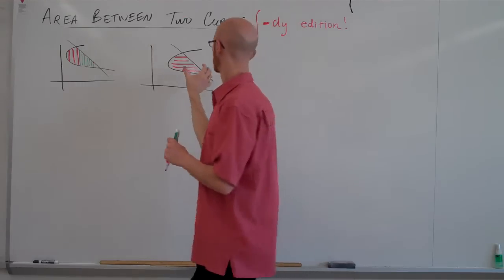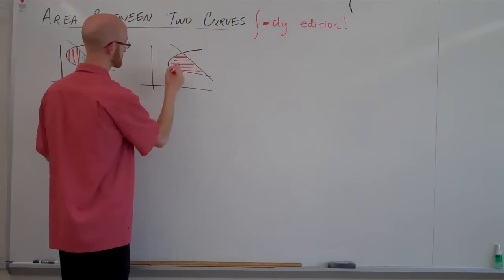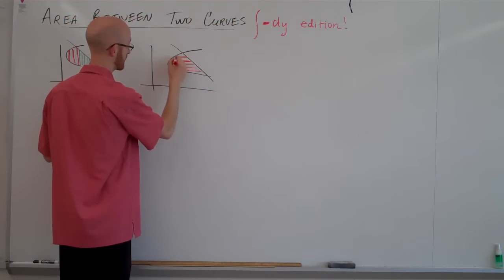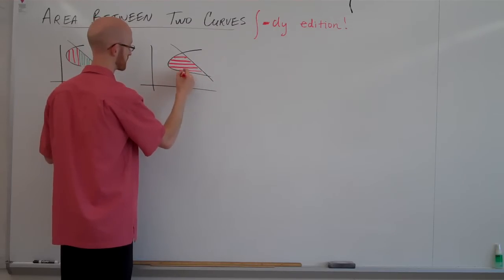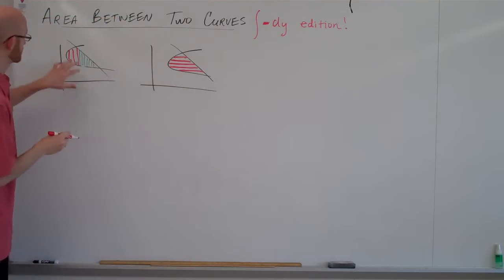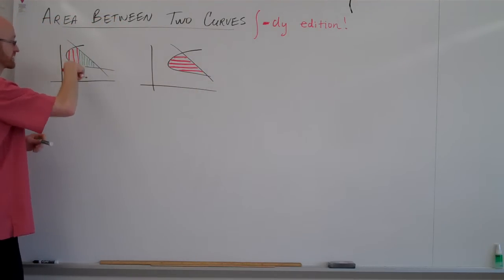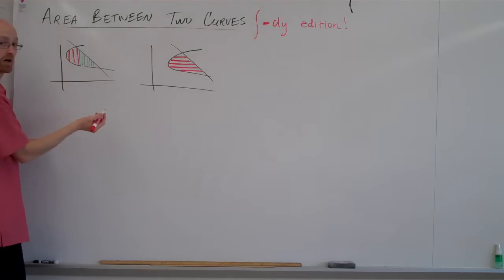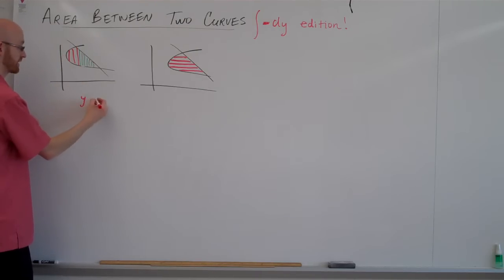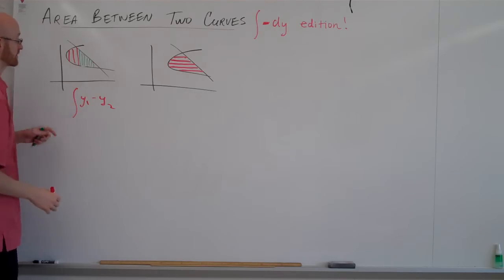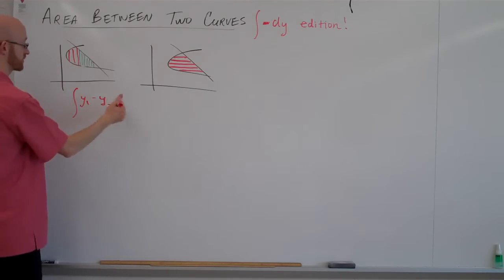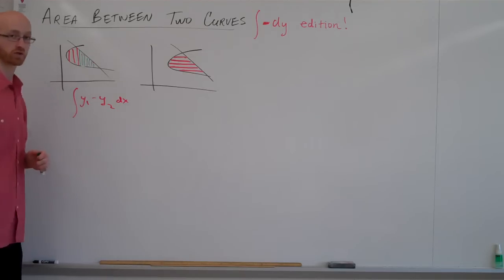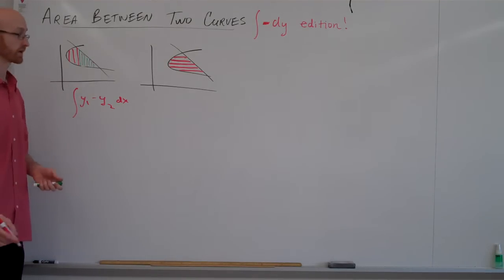Now, the way we're going to determine this length, because this length is now the height of our rectangle, right? Over here, the heights of the rectangles were based on y values minus y values, so some y value minus another y value, y sub 1 minus y sub 2. And then we integrated, multiplying by the width of each rectangle, which we call delta x or dx.